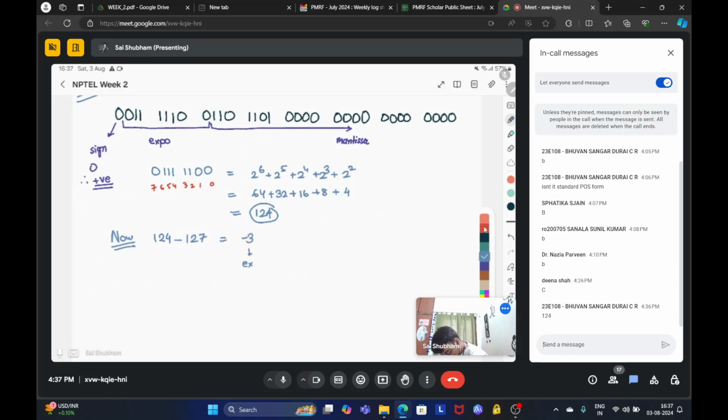So this is the exponent that we obtained, and this is the bias that we subtracted from it.